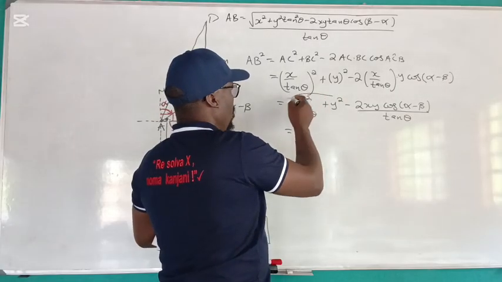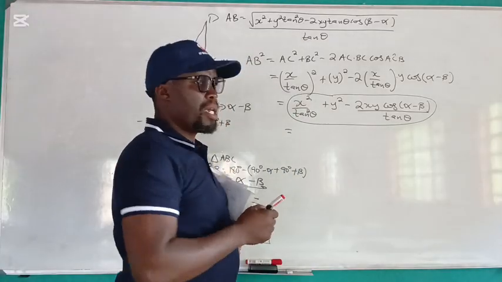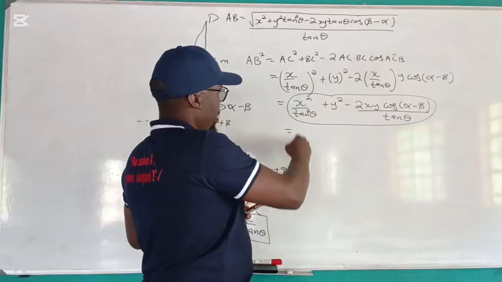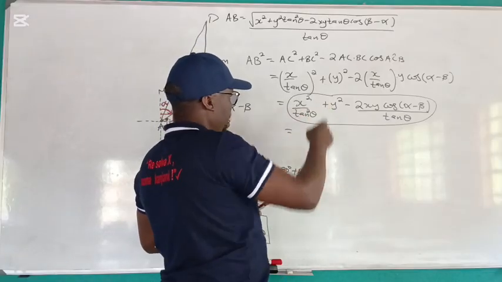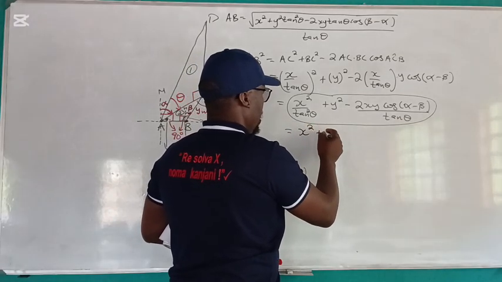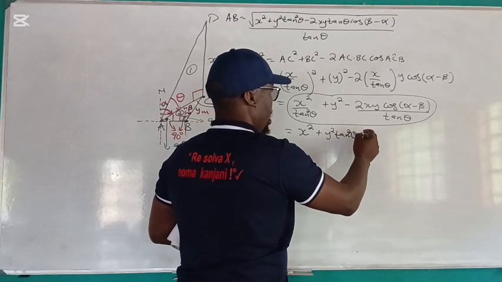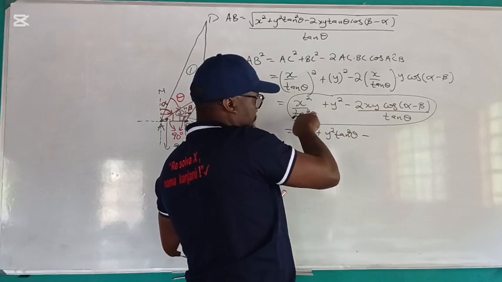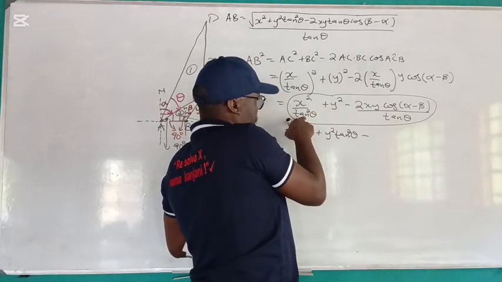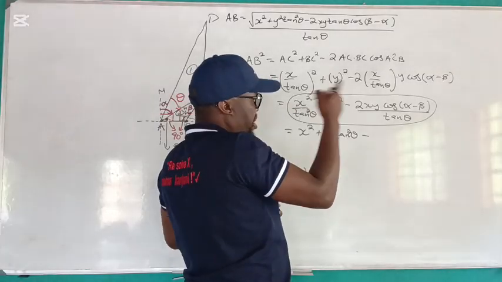Now, looking at this expression, we can see that the highest common factor is tan theta squared. Therefore, we have to multiply that by tan theta squared. We'll get x squared plus y squared by tan theta squared. You also have to multiply that by tan theta squared. Tan theta goes into tan theta squared, tan theta times.